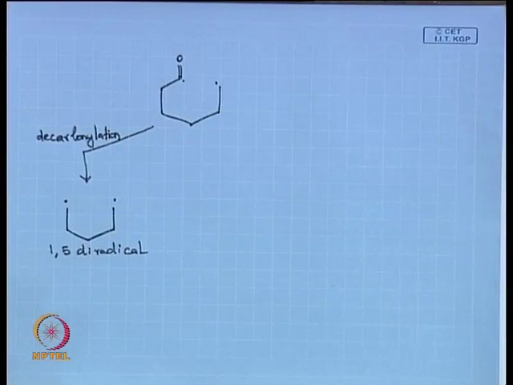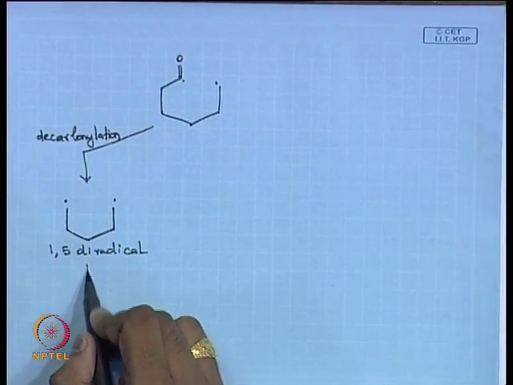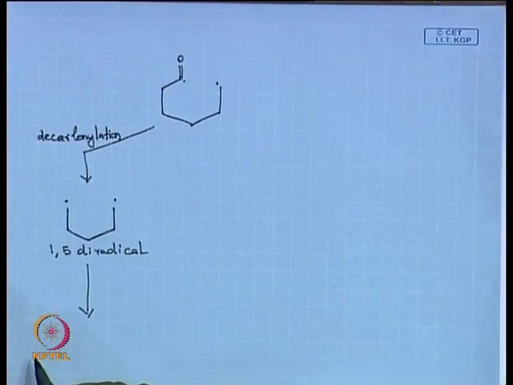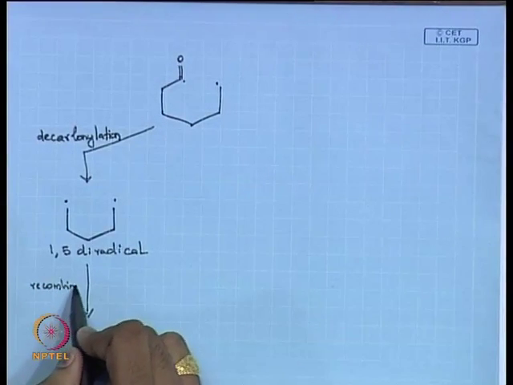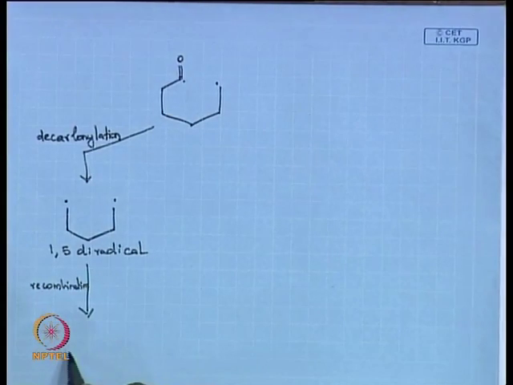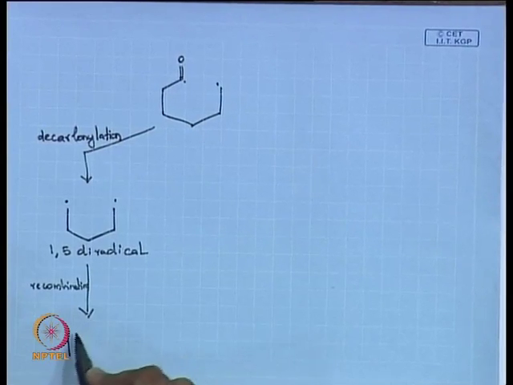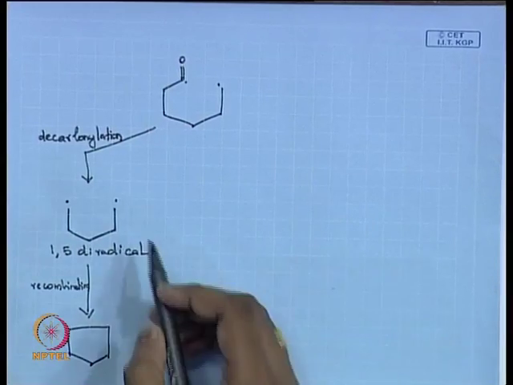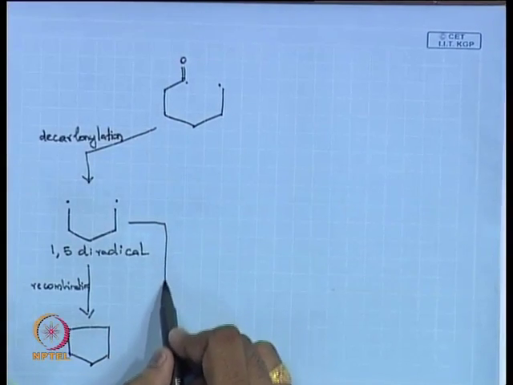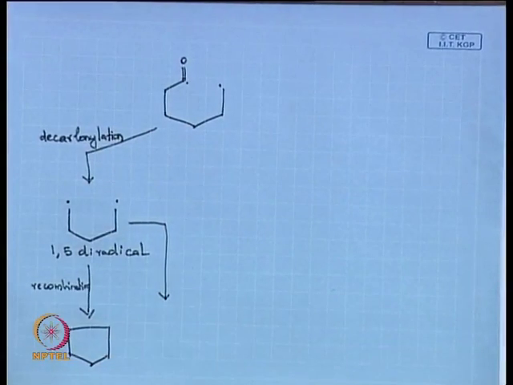Fine. What reactions can 1,5 diradicals do? They can do a recombination, right, to give me cyclopentene, or the other thing it can do.